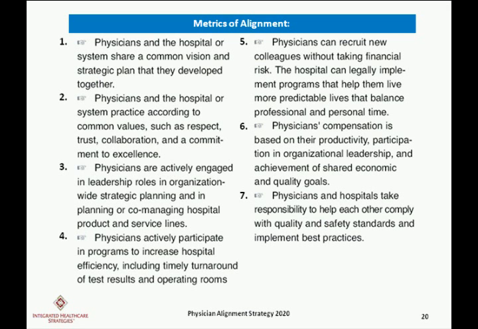You ask your partners what are the factors that are likely to get in the way of you achieving these metrics of alignment, and what do they believe are 2 or 3 actions you could take to remove, reduce, and work around those obstacles to these metrics. And the other side of the coin, of course, is what would your physician partners and collaborators identify as one or two actions that we could all take together to make sure these metrics are more likely to be occurring.